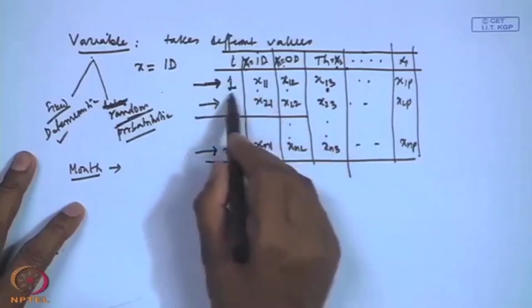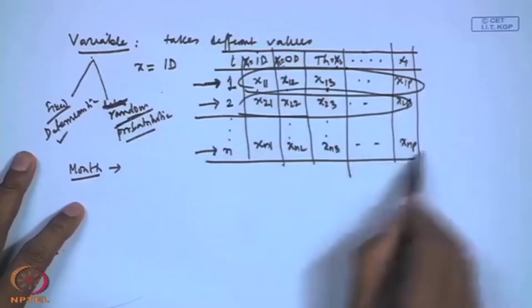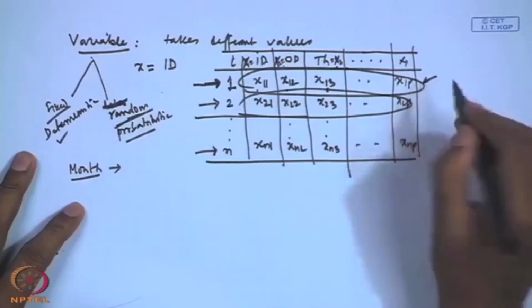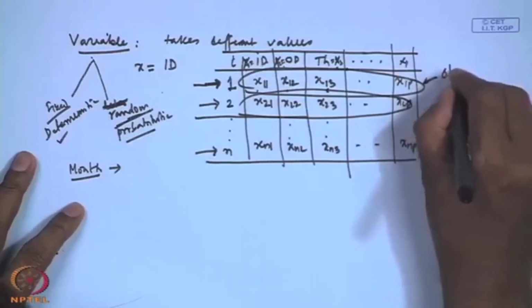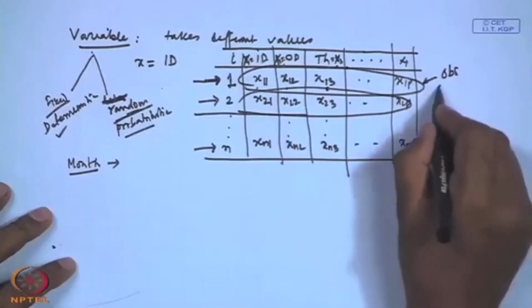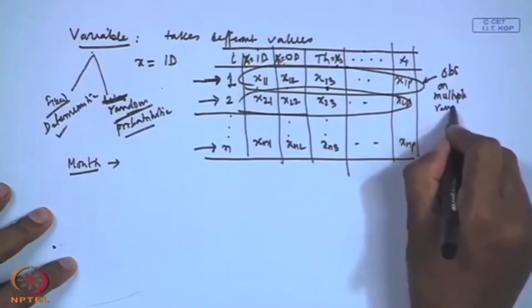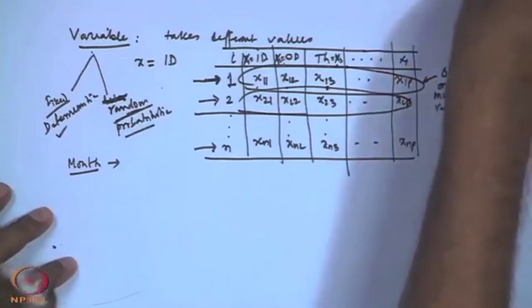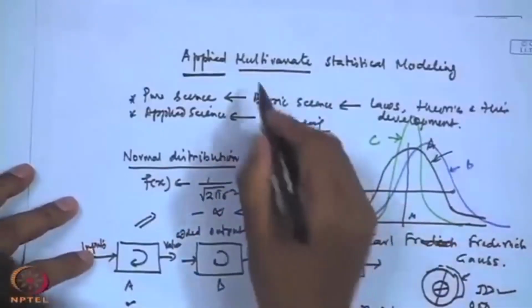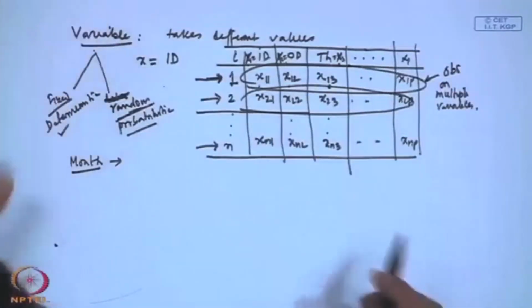Now, each of these are observations on multiple variables. What we want to define here is multivariate.